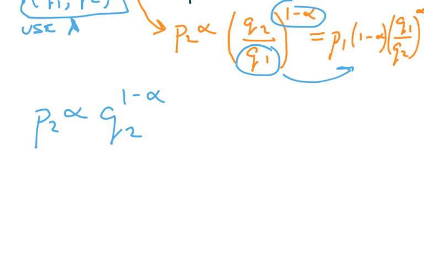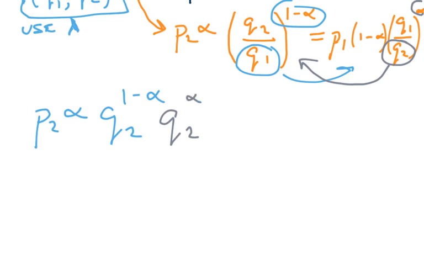And while I'm at it, I am also going to take, let me grab a different color here, Q2 raised to the alpha, and I'm going to multiply that over, just so both my denominators are gone. All right, so I'm going to have Q2 to the alpha.